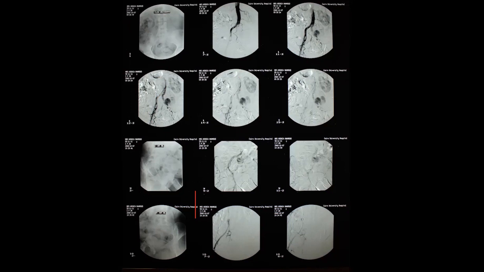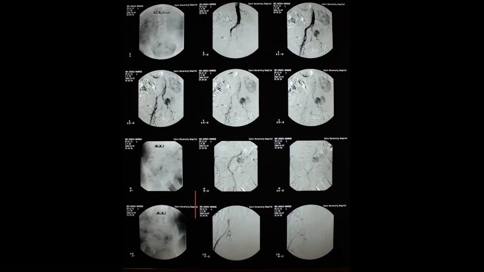If you compare the left side with the right side, you can see the external and internal iliacs on the right side, and this is probably a very distal common iliac aneurysm. Yes.